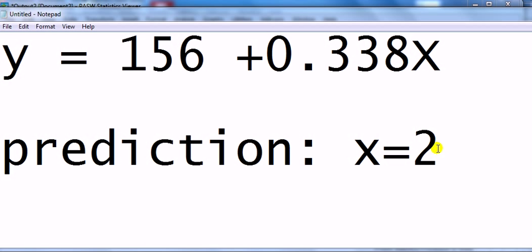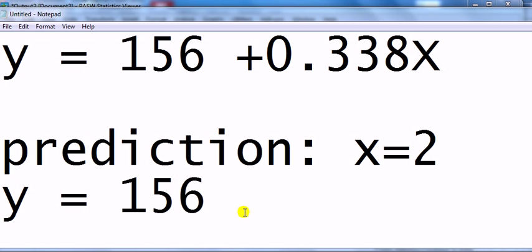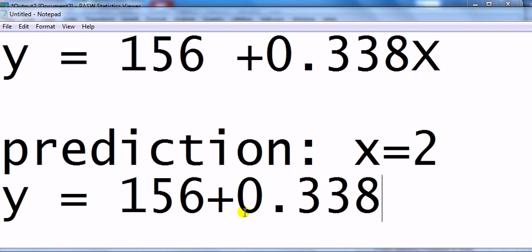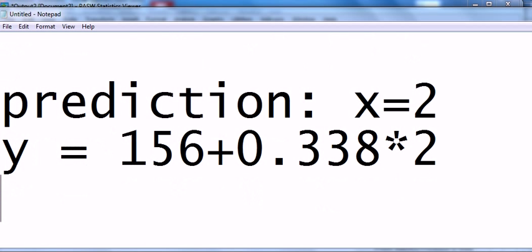Let's just do that. So y equals 156 plus 0.338 times 2.